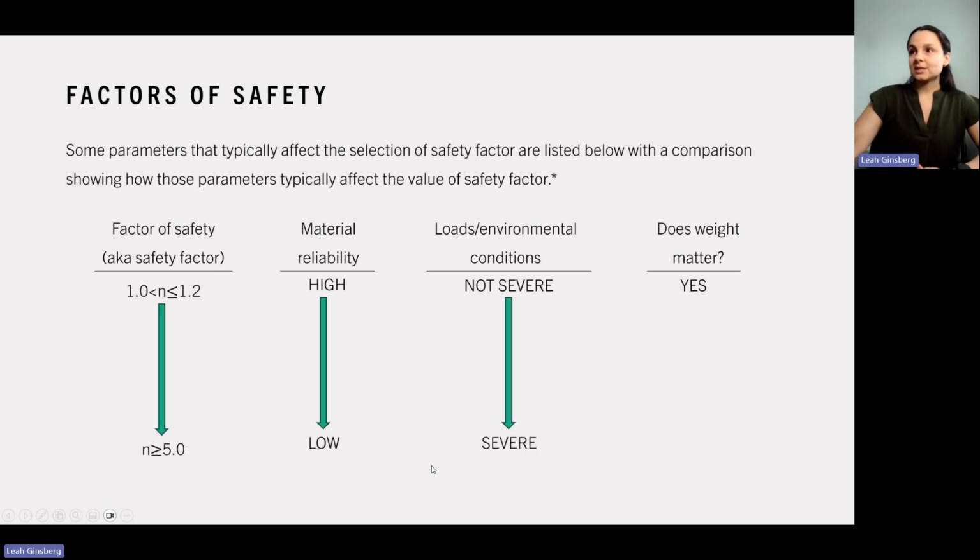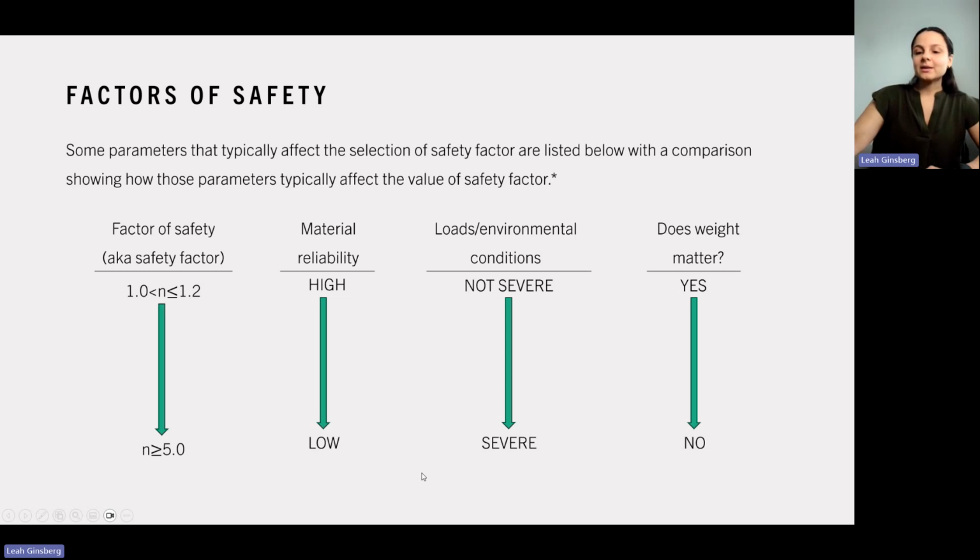Our loads and environmental conditions may be severe. So, for example, for a building, especially buildings in places like California where earthquakes are high risk, the environmental conditions on that building can be severe. And so we need to build buildings to a higher factor of safety to account for that variability. And then the question of, does weight matter?